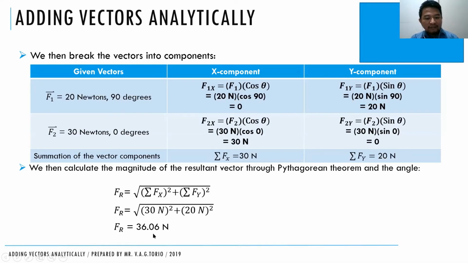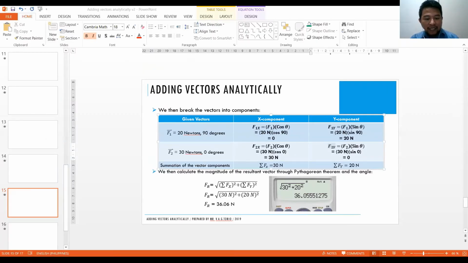We can verify the value using our calculator: the square root of 30 squared plus 20 squared equals 10 square root of 13.